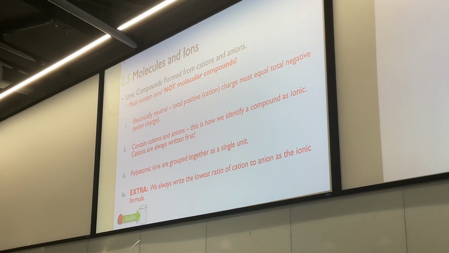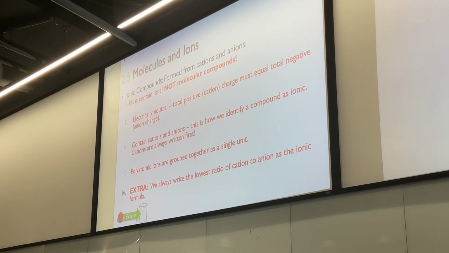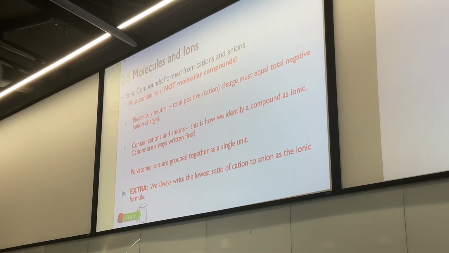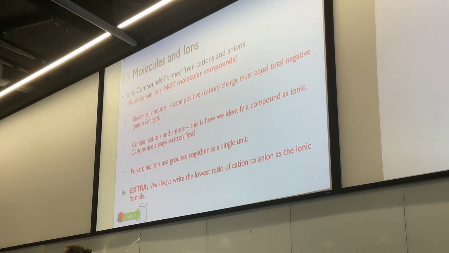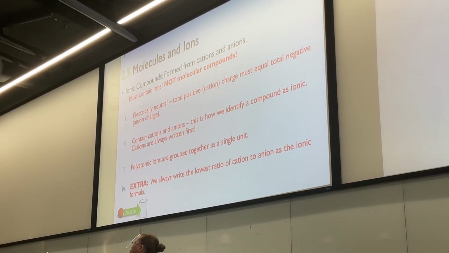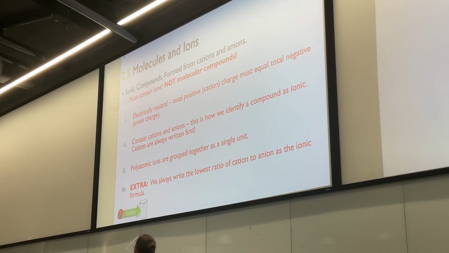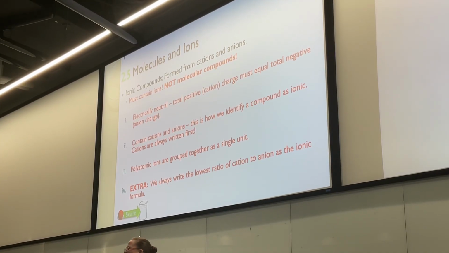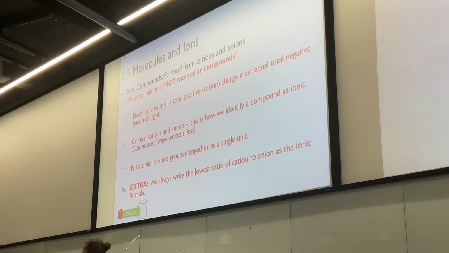It is, I can't even say traditional, it's just a rule that the cation is always written first, which is why we say sodium chloride, not chloride sodium. Polyatomic ions are kept grouped together as a single unit because it is that unit that is the ion. Meaning we might at times have to use parentheses in order to have multiple polyatomics.